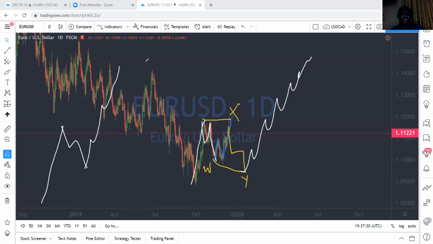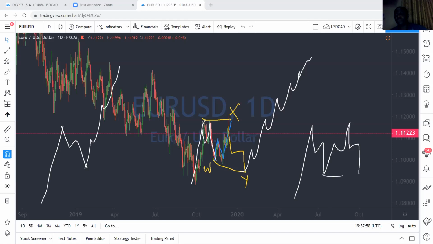You are expecting continuation. But if you have impulse, 1, 2, 3, and instead of continuation you now have another 1, 2, 3, when you have it like this, this pair is not going anywhere. It must come down, because I've been telling you this. There is no way you can replace a continuation impulse with a three-wave corrective structure. No way. You must have it 1, 2, 3 down again.